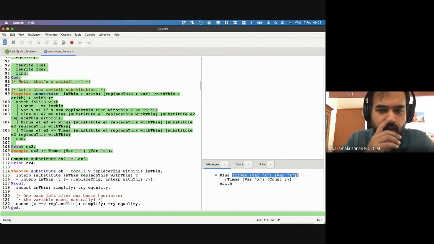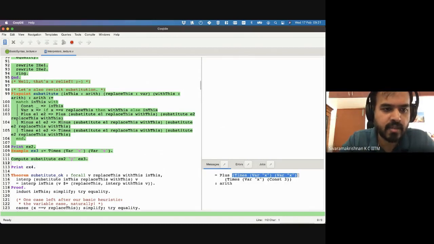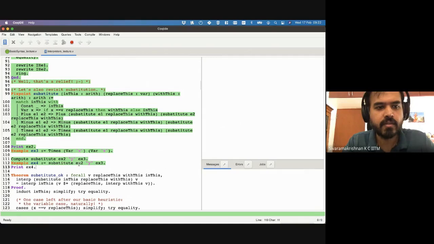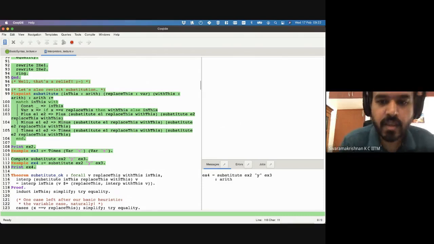So that is ex4, so let me put that back. Example ex4 equals this here. So print ex4, it doesn't do the computation. It just says it's a substitute of ex2 y ex3. That's fine, and we have the right type.